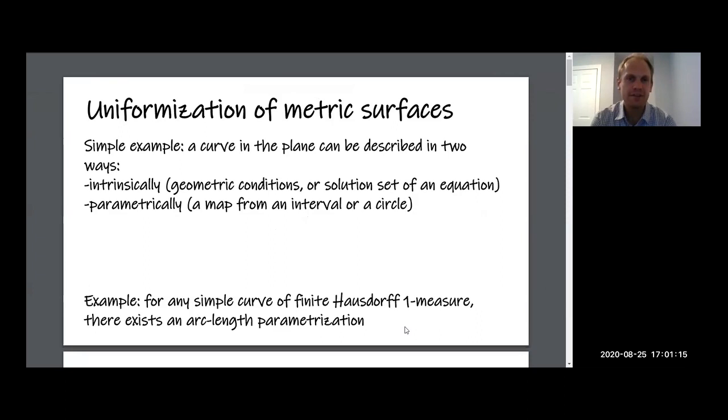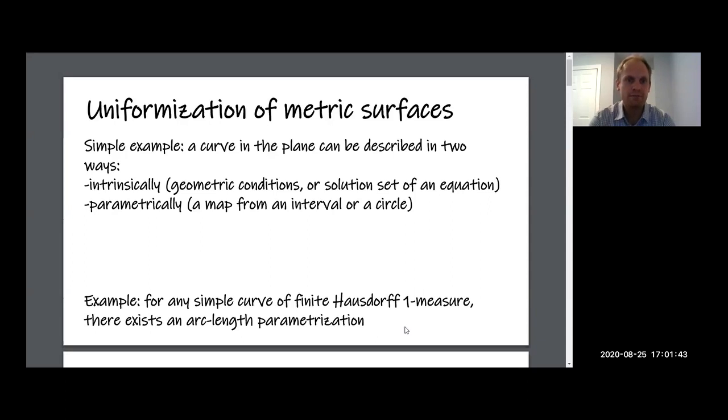Just to give a bit of motivation here, the simplest example you can probably think of would be a one-dimensional curve in the plane. And here there are two main ways you can think about that object. You can think about it intrinsically in terms of some kind of geometric condition that a set of points in the plane satisfies, or maybe like a solution set of an equation.